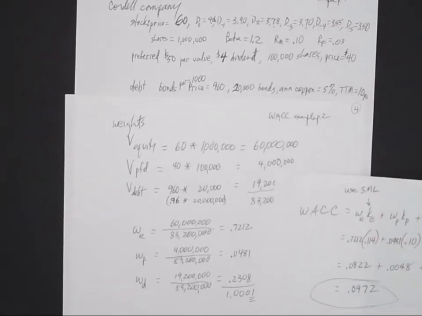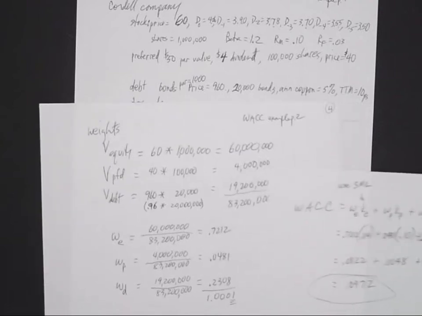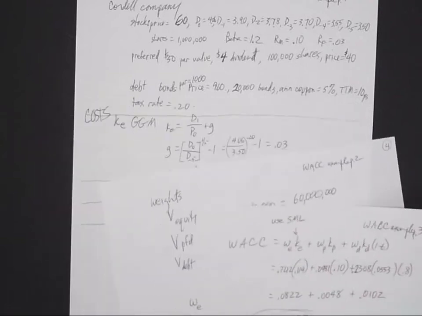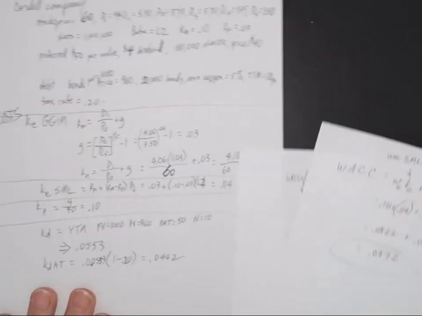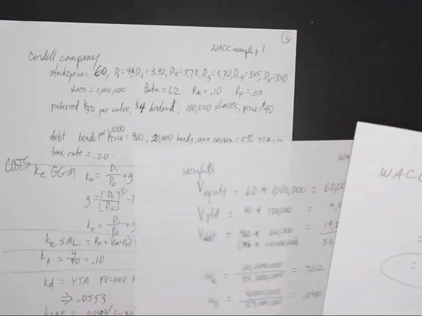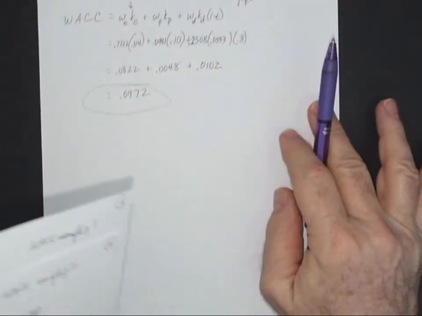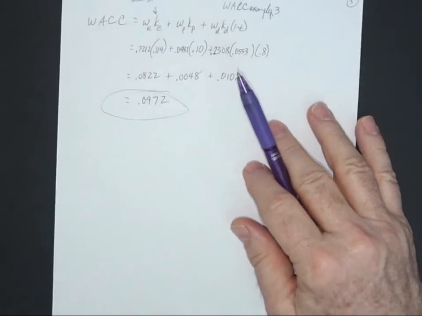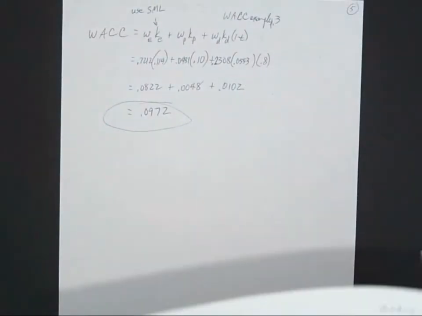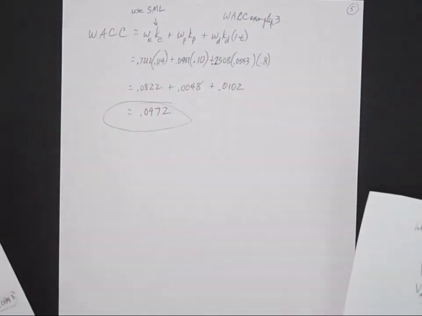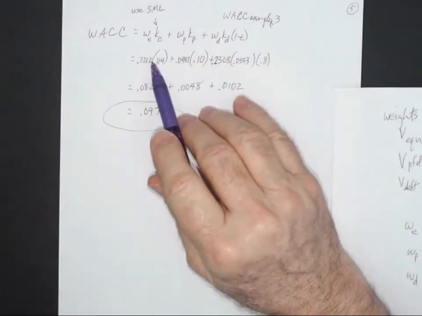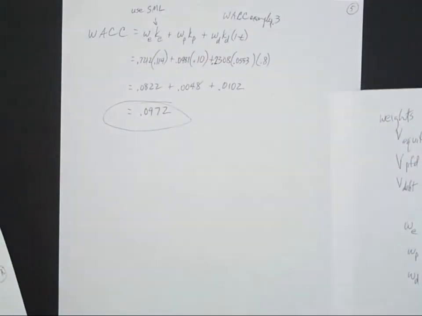So now we need to calculate the weighted average cost of capital. I'm going to shuffle back and forth a little bit here, so it may seem a little confusing, but this is what we're going for. The first part, we're going to look at equity.